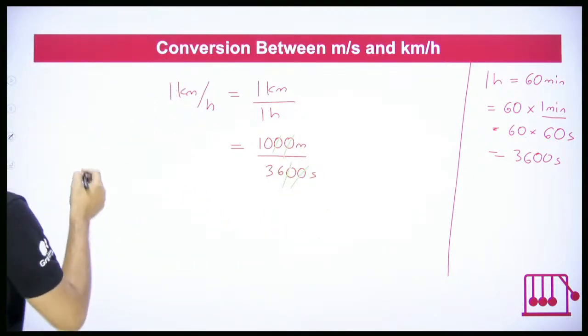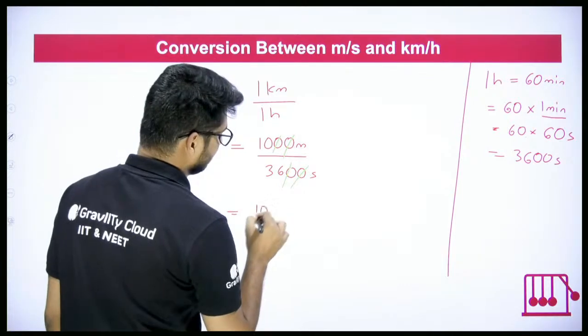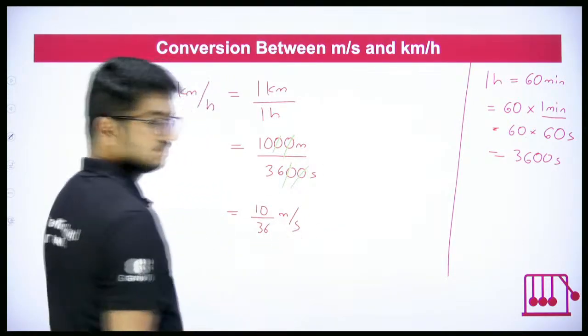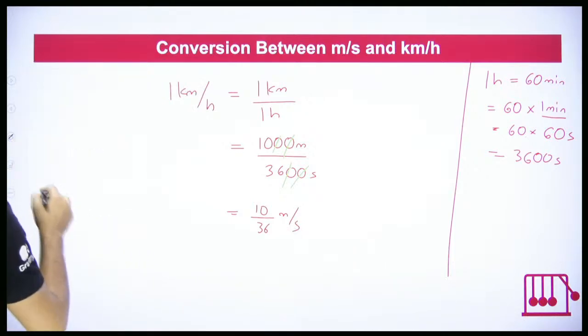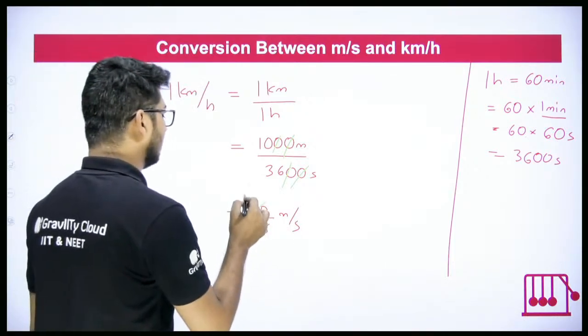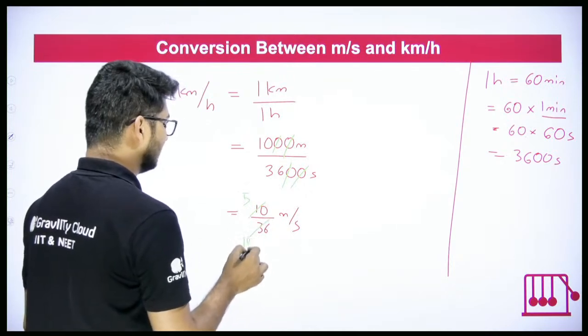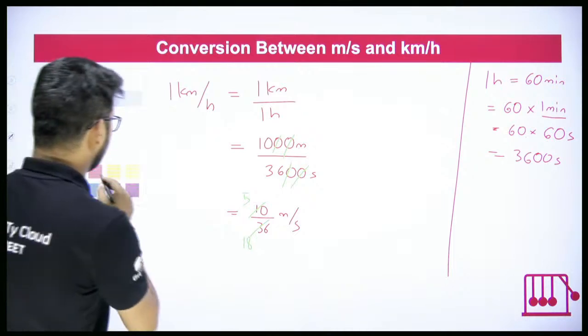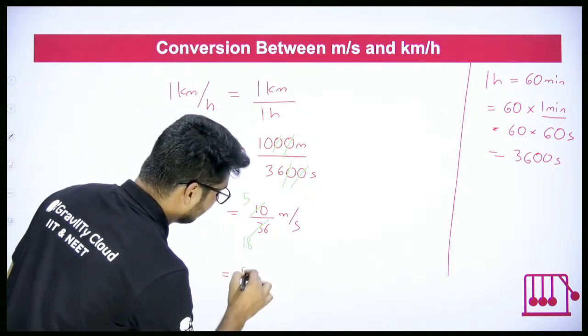What is remaining? 10 by 36. The units are meter per second. Then again, can I cancel it? 2 5s are 10. 2 18s are 36. So what is remaining? 5 by 18 meter per second.